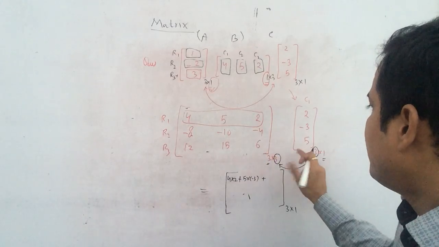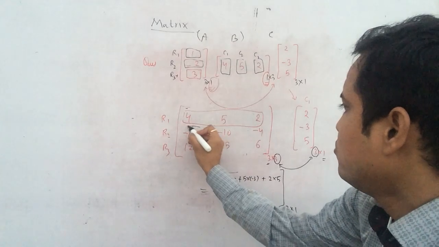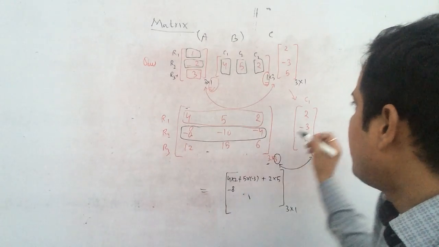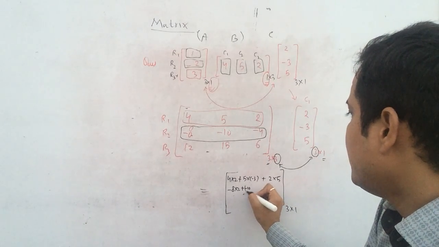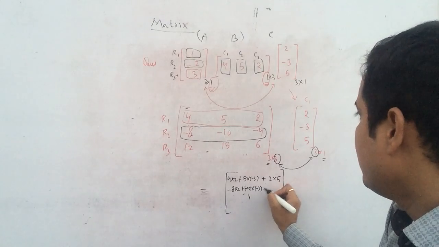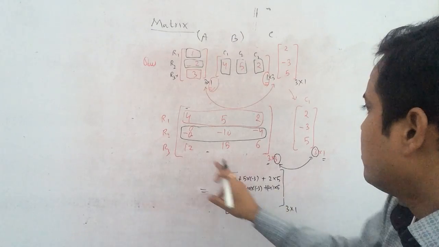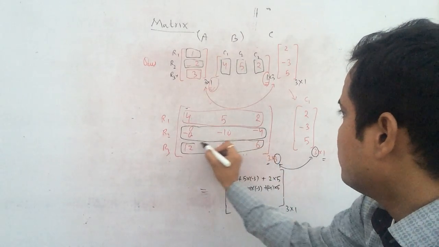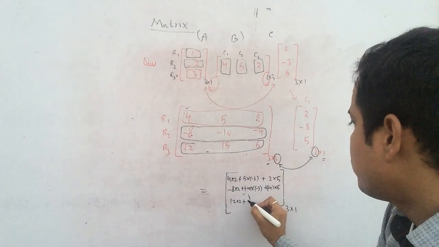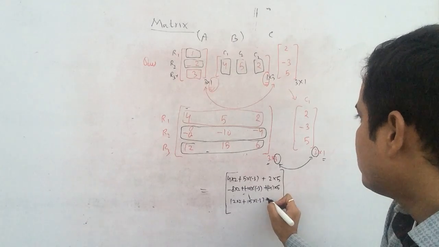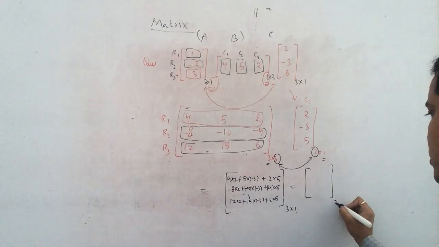Row 2 will be multiplied with column 1: minus 8 into 2 plus minus 10 into minus 3 plus minus 4 into 5. Again row 3 will be multiplied with column 1: 12 into 2 plus 15 into minus 3 plus 6 into 5. So now the order is 3 cross 1 here.